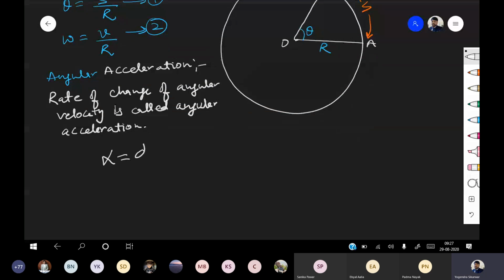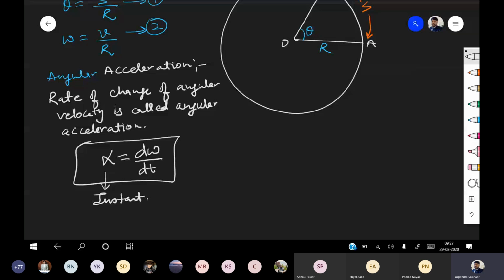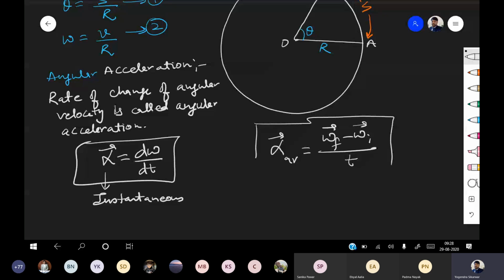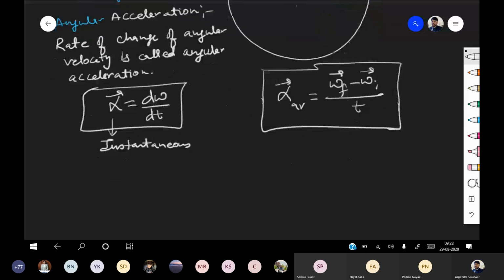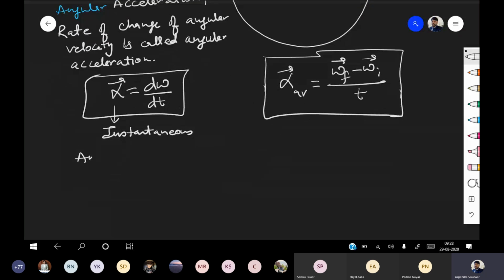So alpha is equal to d omega by dt. That is instantaneous. And alpha average is equal to omega final minus omega initial upon t.